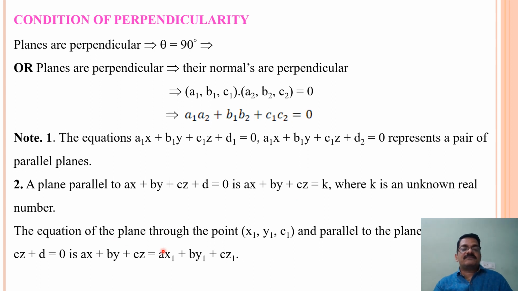So the equation of the plane through the point (x1, y1, z1) and parallel to the plane ax plus by plus cz plus d is equal to 0 is ax plus by plus cz is equal to ax1 plus by1 plus cz1.